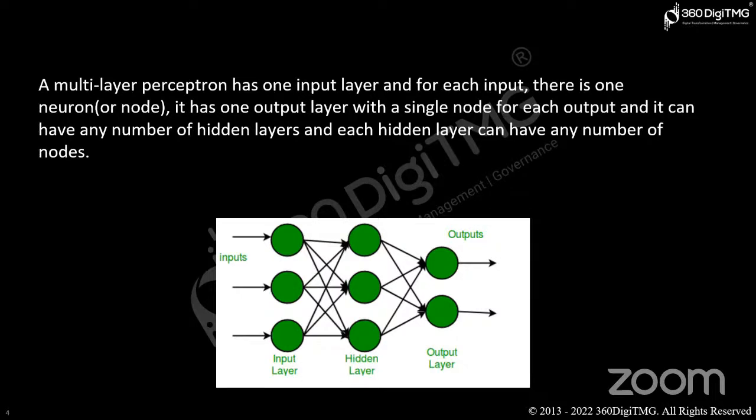It is also called a feed forward artificial neural network. As I discussed, it has 3 types of layers: input layer, output layer, and hidden layer.